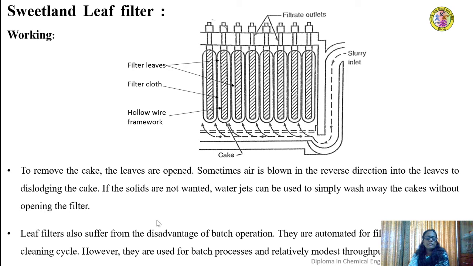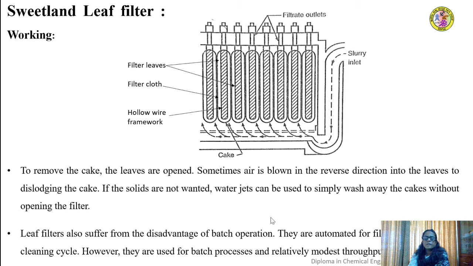So the leaf filters also suffer from the disadvantage of batch operation. That is, here also you need to stop the filtration cycle to carry out the wash cycle. That means the operation in this type of filter is also an intermittent one. We cannot carry out continuous operation of filtration.